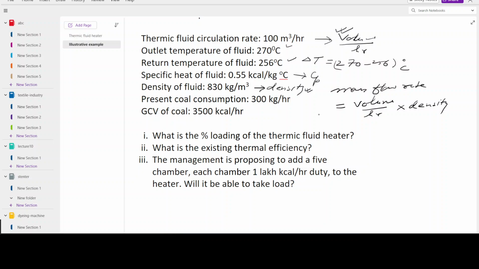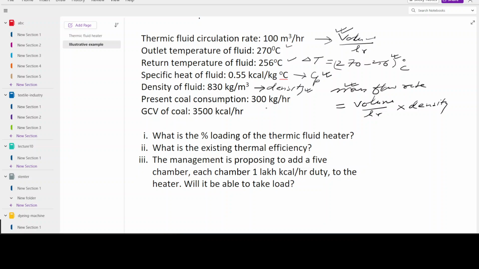For finding heat output, we will need the mass flow rate. We can find the mass flow rate very easily here. The specific heat of the fluid is already given here and the temperature difference is already given here. So we can find the heat output very easily.